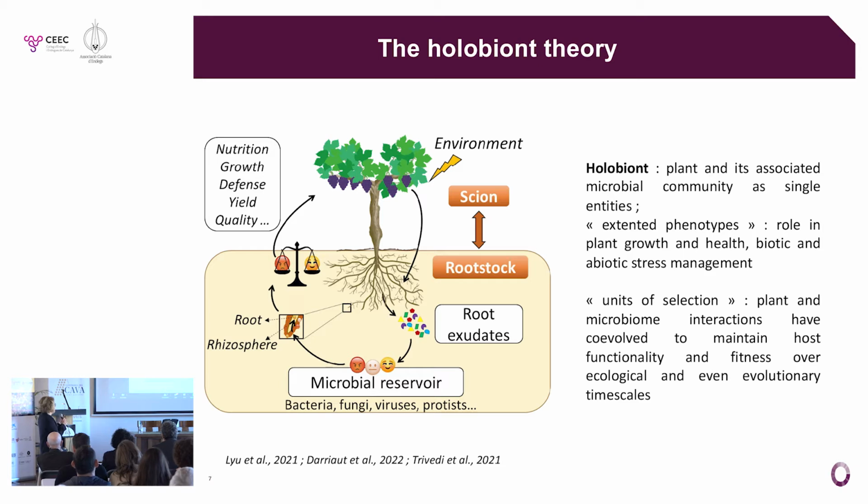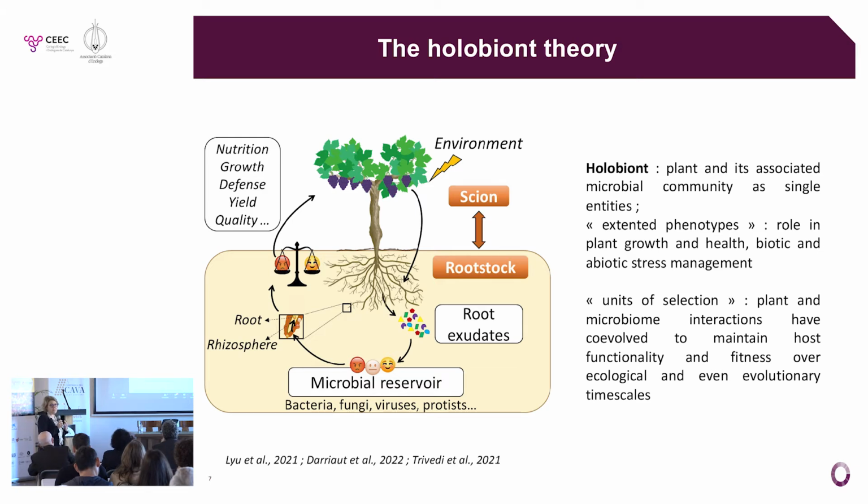The idea behind this concept is that microbiota will provide new phenotypes, what we call extended phenotypes. So the microbial community will provide new properties, new traits that could play an important role, for example, in plant growth or in plant health, and also in biotic or abiotic stress management.